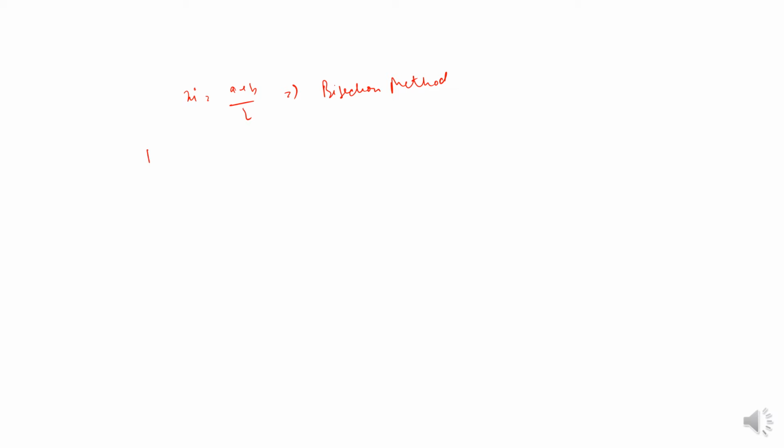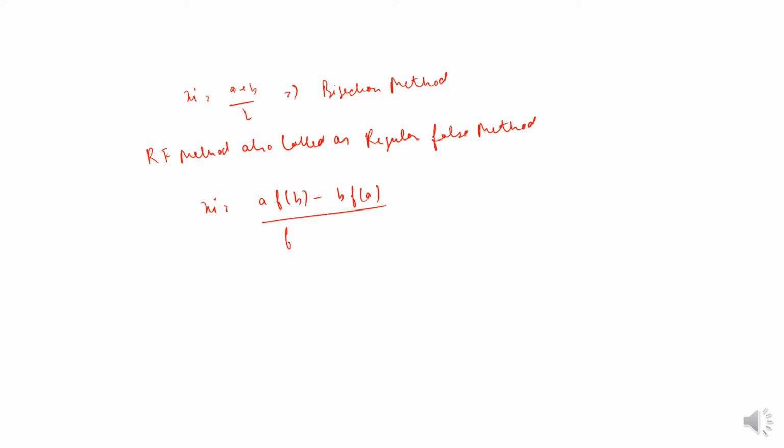Now we are seeing the RF method, also called the regula falsi method. It is given by xi is equal to (a into f of b minus b into f of a) by (f of b minus f of a).